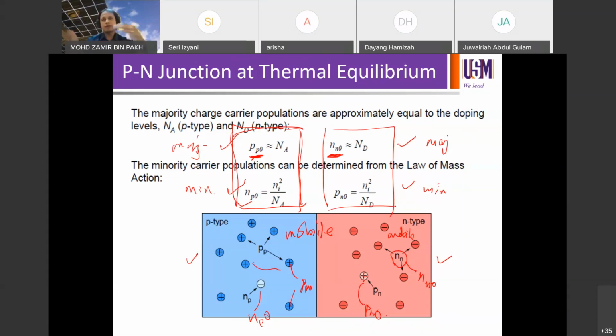If you're confused about majority and minority in the original or the new region, you will be confused about which values to pick. Then you're going to end up using different values, doing different calculations, and ending up with different answers. Holes, originally majority in p-type, become minority in n-type. Electrons, majority in n-type, become minority in p-type.